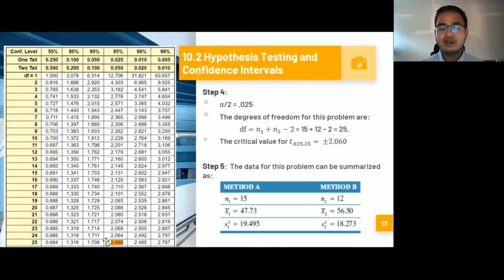First would be the numbers of samples, 15 and 12 respectively. Then the means, which we have already learned how to compute. It's just the average of all the test scores, which is 47.73 and 56.5. Then we need to compute the variance and the standard deviation, which are identified to be 19.495 and 18.273.